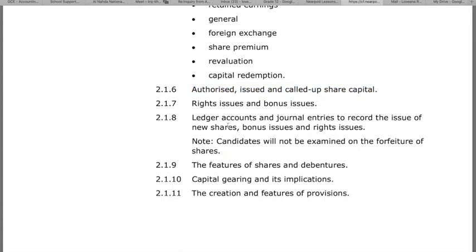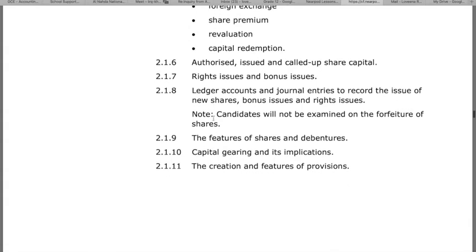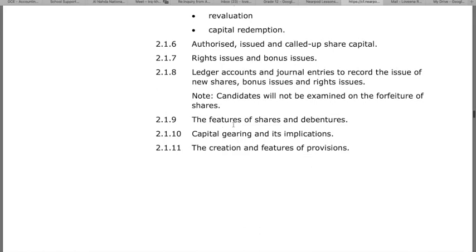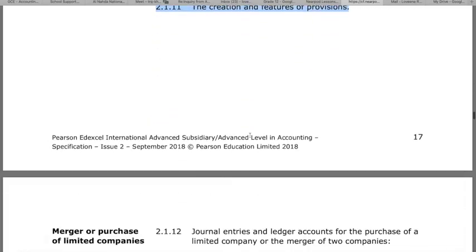It's quite interesting. Again, theory, practical a little bit. Ledger accounts and journal entries record the issue of new shares, bonus issues, and rights issues. It's quite simple. Then features of shares and debentures, capital gearing and its implications, creation and feature of provisions. All of this is theory, but you need to know this theory in order to do the practical problems.